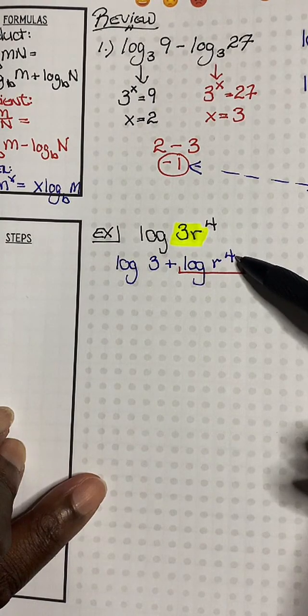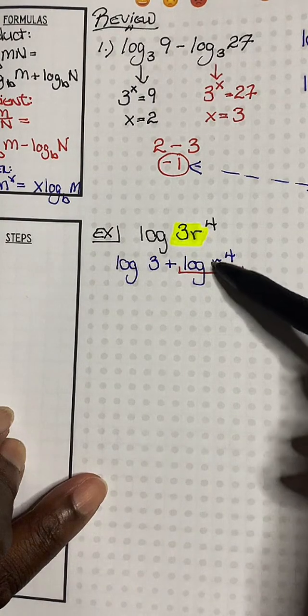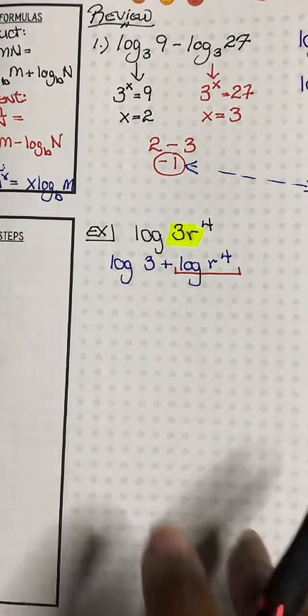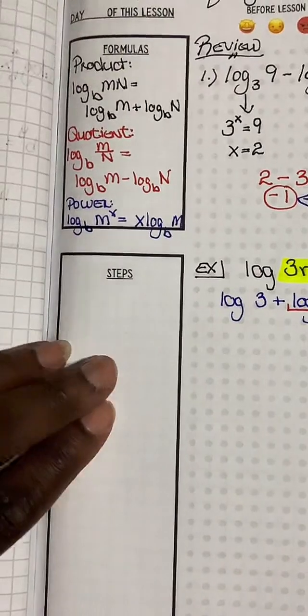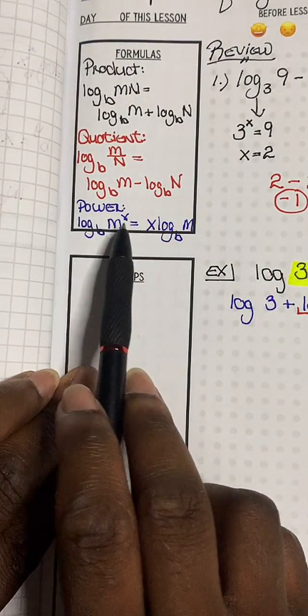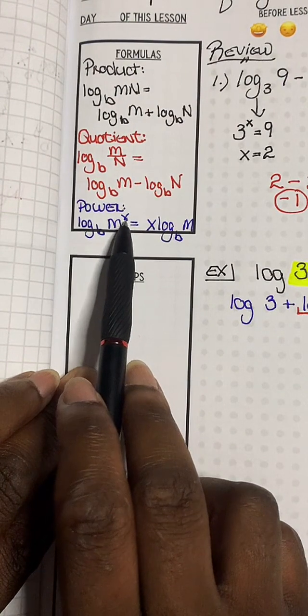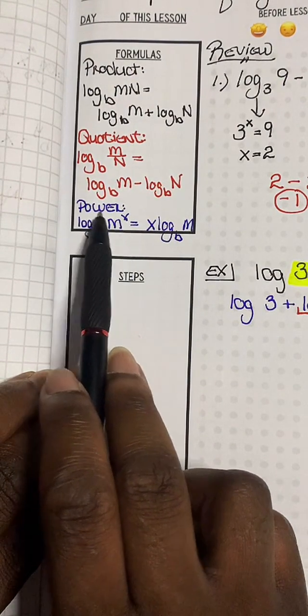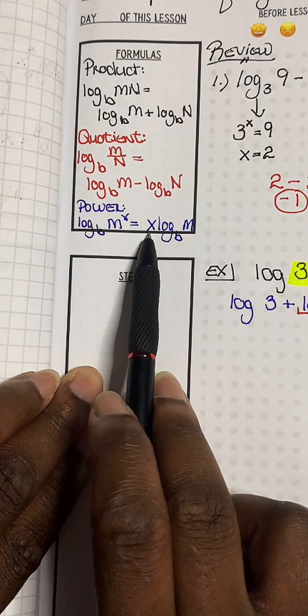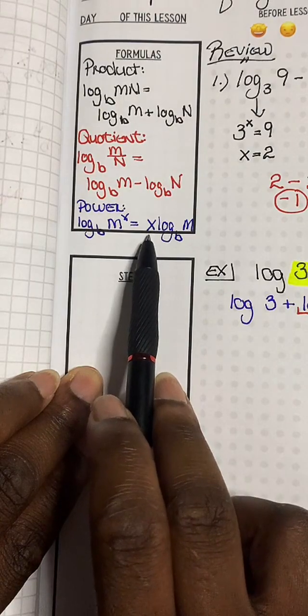Well, this whole r to the 4th is called a power. So that means we're looking at the power rule. And the power rule is basically saying I'm taking my exponent of x and then I'm moving it to the front of my expression. That's all you're doing.